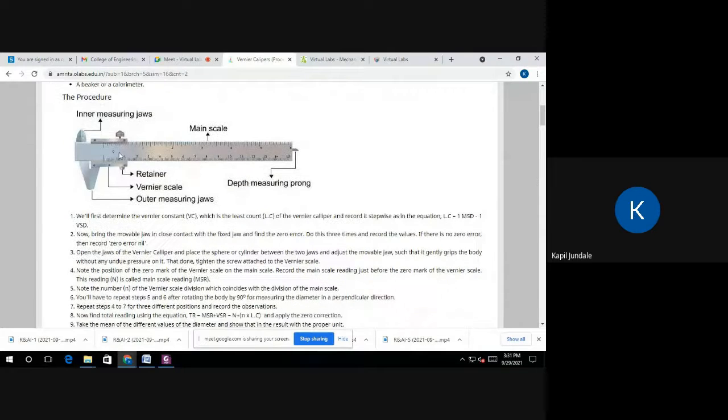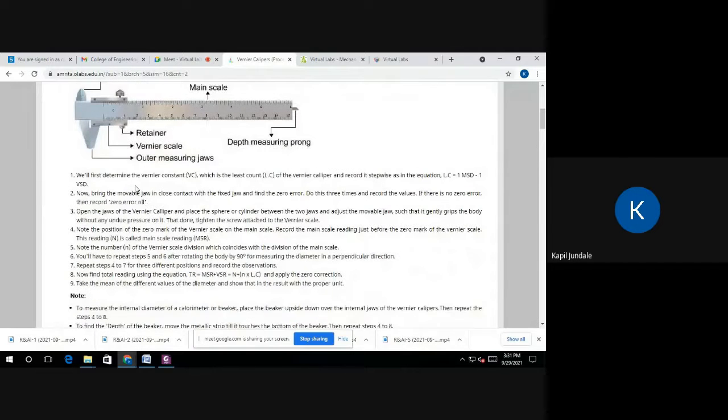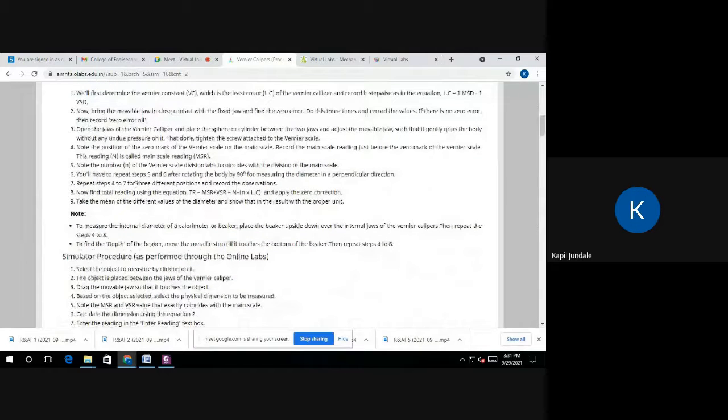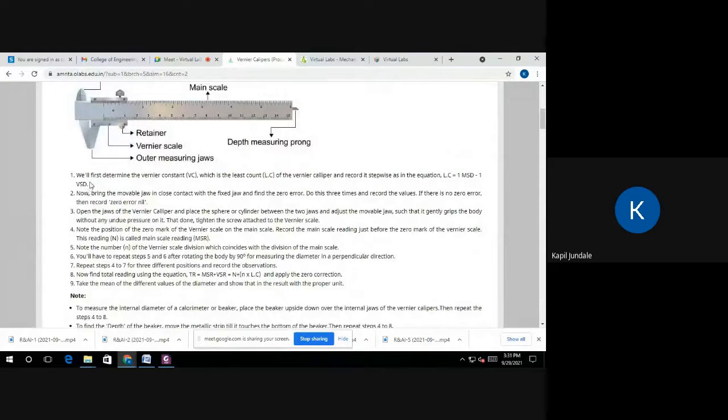Now they have given the procedure. We will first determine the vernier constant, or it is called the least count. First we have to find out the vernier constant, or it is known as the least count of the vernier caliper.